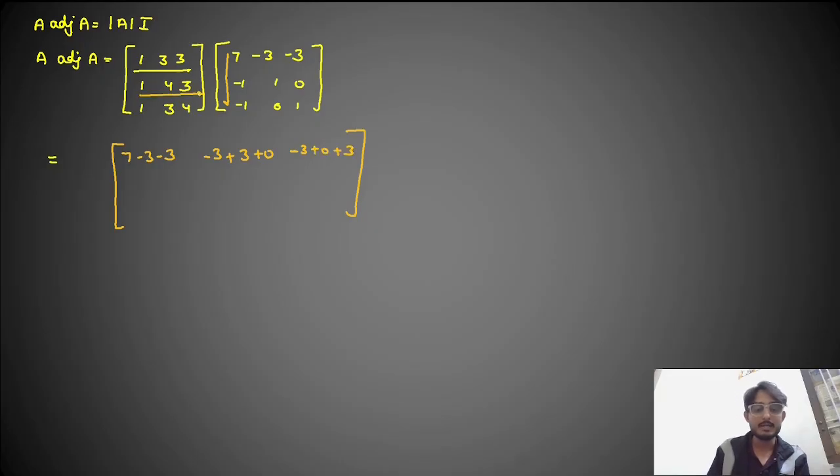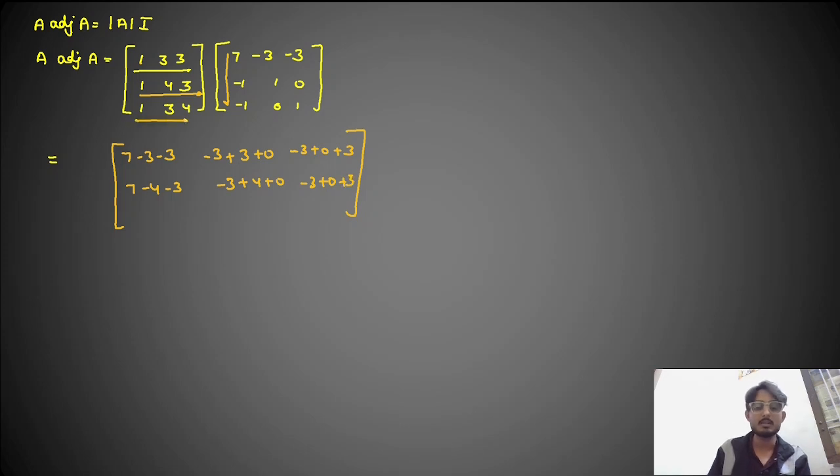For finding the second row elements, you will multiply the second row with all columns. 1 into 7, 7 ones are 7, minus 4 and 3 ones are minus 3. 1 into minus 3 plus 4 plus 0. And when you multiply this by this, you will get minus 3 plus 0 plus 3 ones are 3.